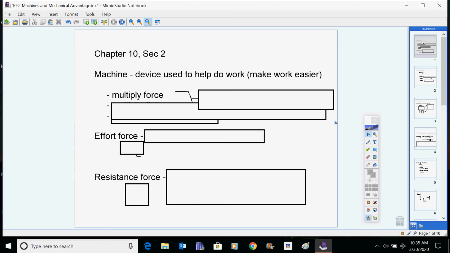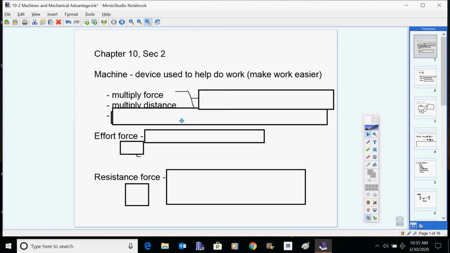If we were in school, we'd be out taking my car and practicing lifting it up using this process, and I'm hoping that we get back before the end of the year to be able to actually do that in person. But if not, I'm going to find a really good video for you to watch, just in case. So multiplying force is one thing that a machine can do to help you.